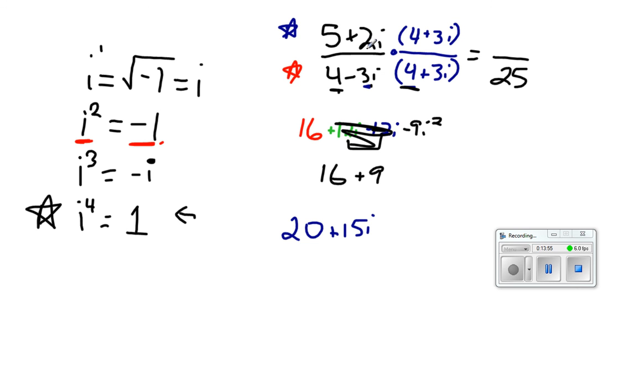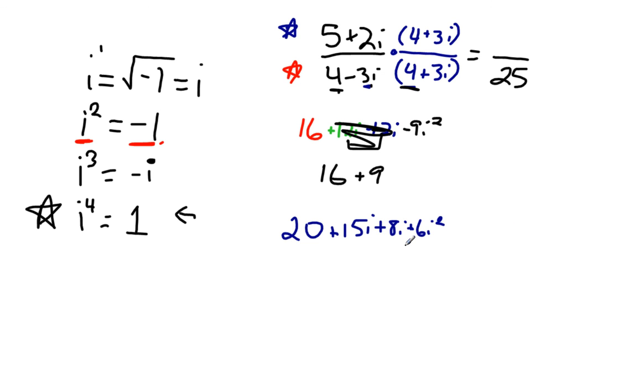Inner, 2i times 4 is 8i. And then 2i times positive 3i is going to be 6i squared.